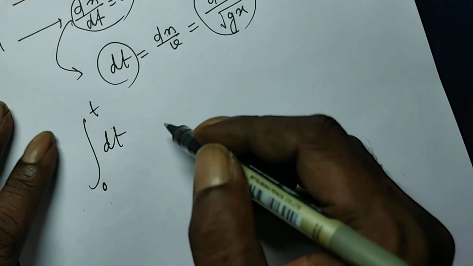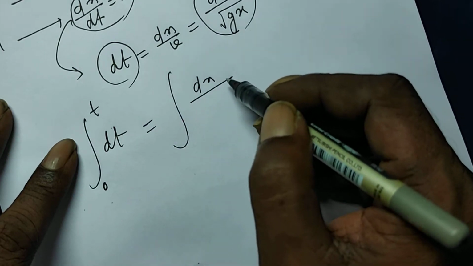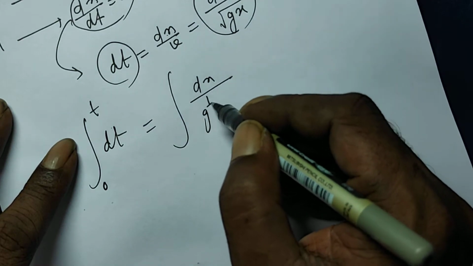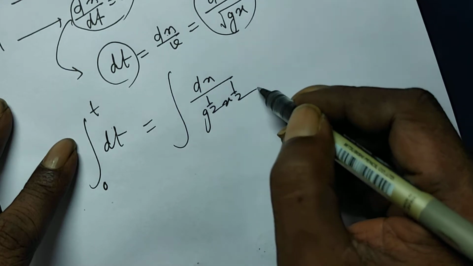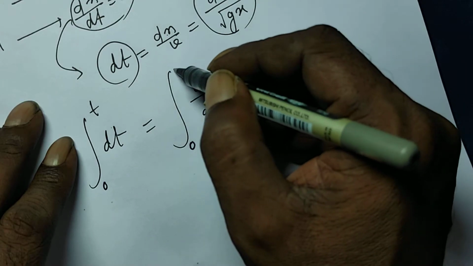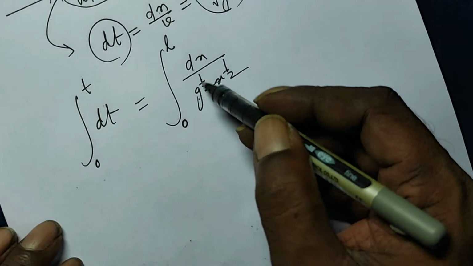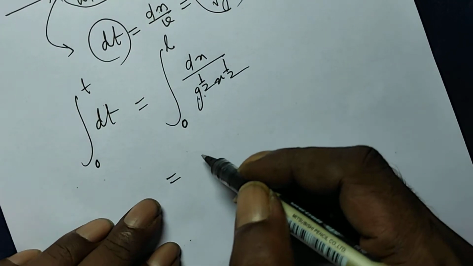So that is equal to the integration of dx over, I rewrite it as g to the power 1 by 2 x to the power 1 by 2, to travel the whole length from lower end to the upper end. Now since g is constant, its square root is a constant, so it is taken out.